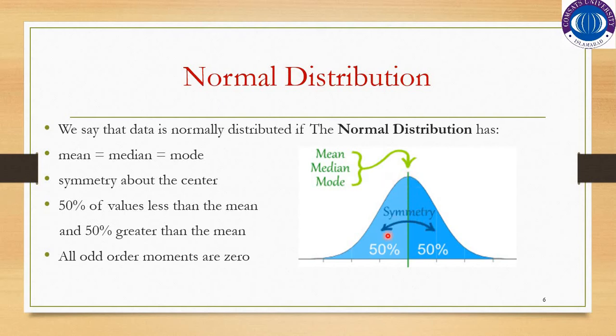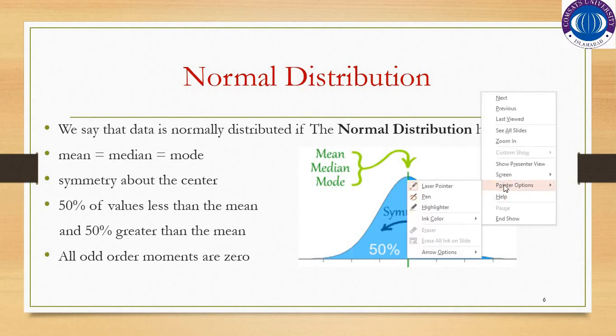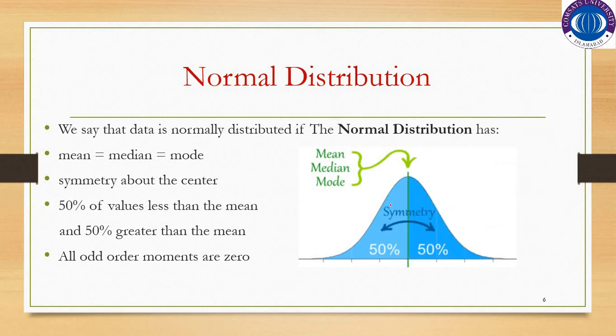So 50% of the data should be at the left side, less than the mean, and 50% at the right side of the mean, or you can say that 0.5 should be here and 0.5 should be here, as you know that this is a probability density function and the total area under the curve should be equal to 1.